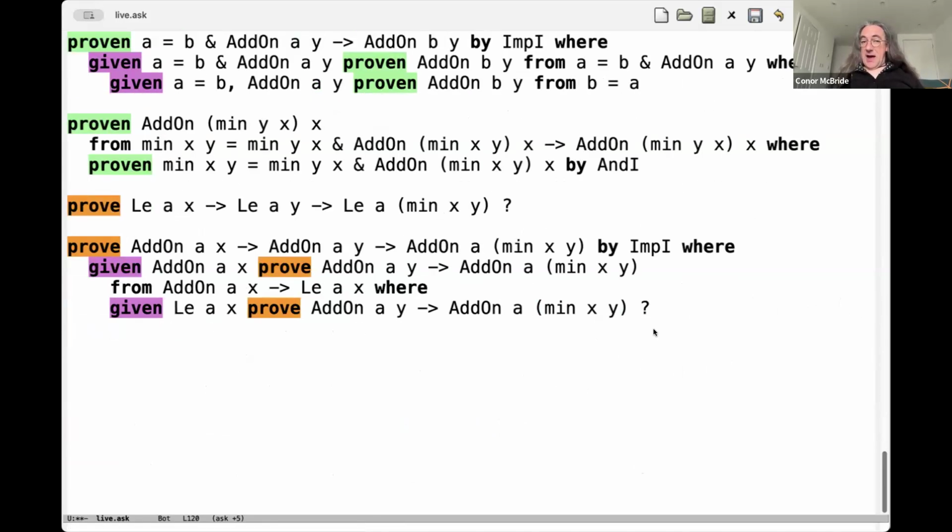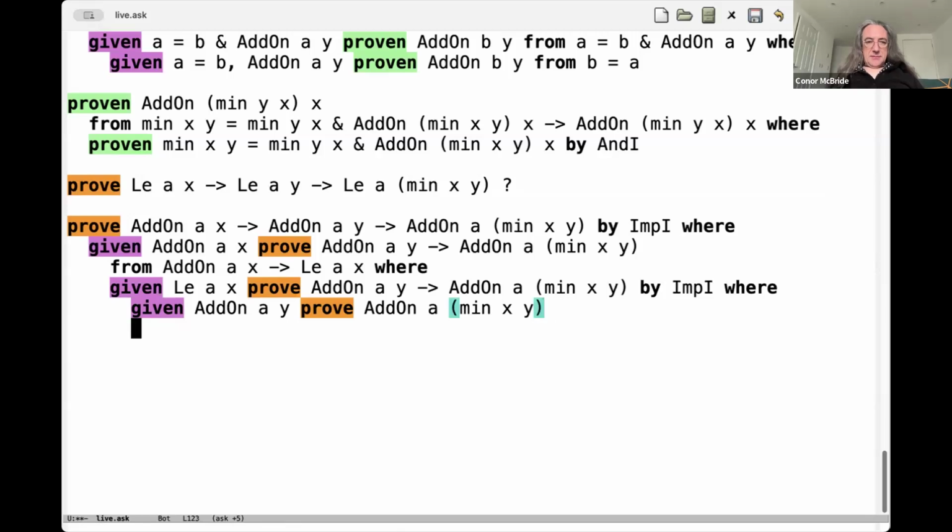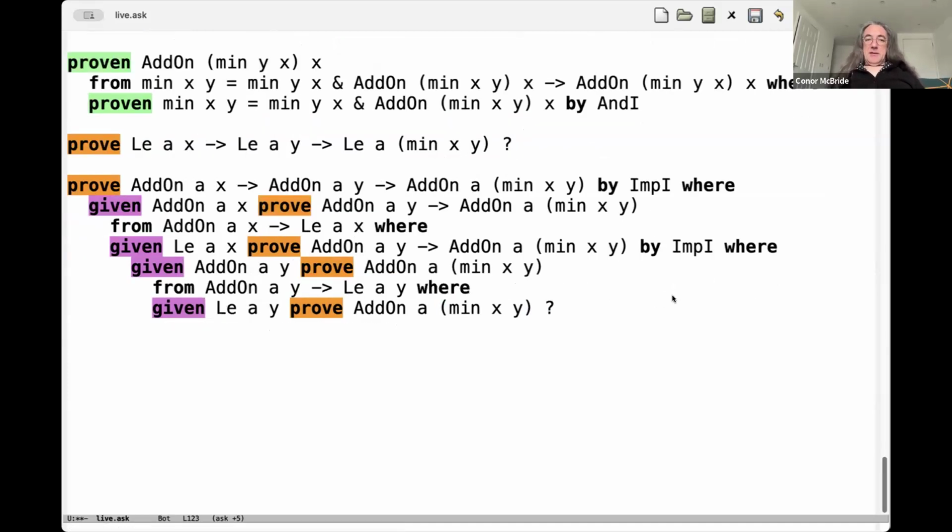And now I've been given a handy fact. And I play the same game again with the other assumption. And it gives me the other version. And now I say that I want to make use of the fact that I want to go in the other direction.